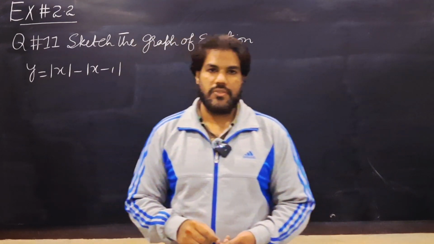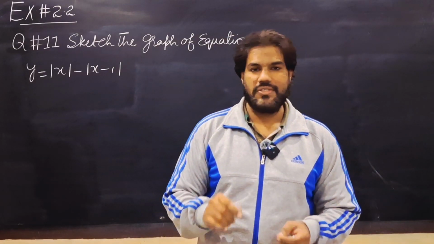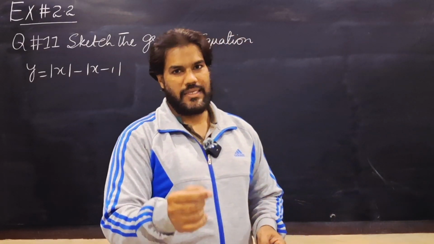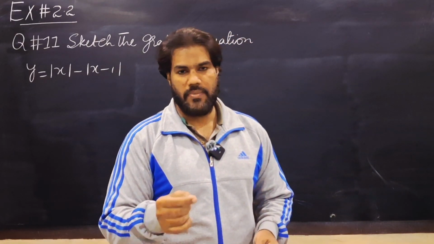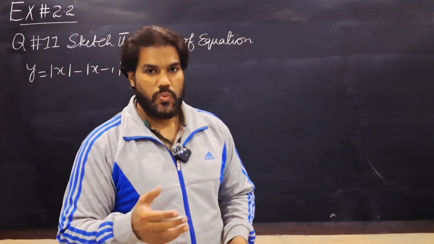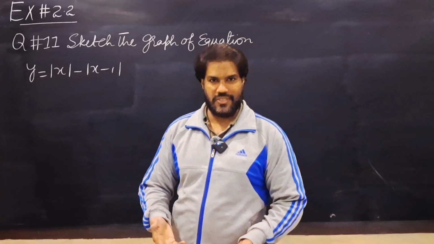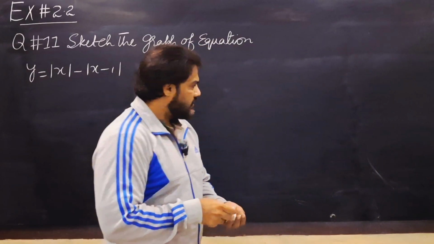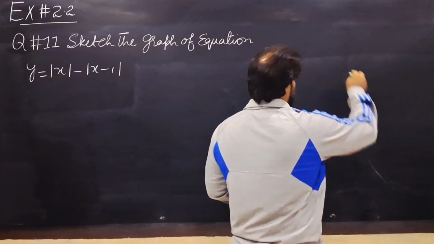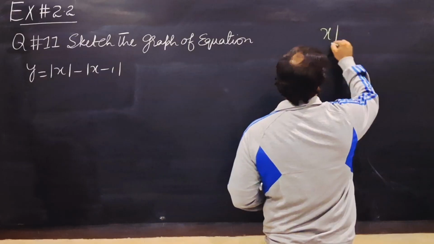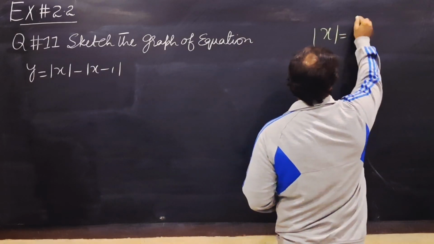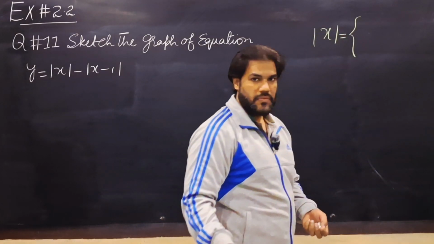To solve this question, you just have to know the definition of |x| and |x minus 1|, and where both of these absolute values change their sign. In my previous lecture, I discussed that |x| is a piecewise function.